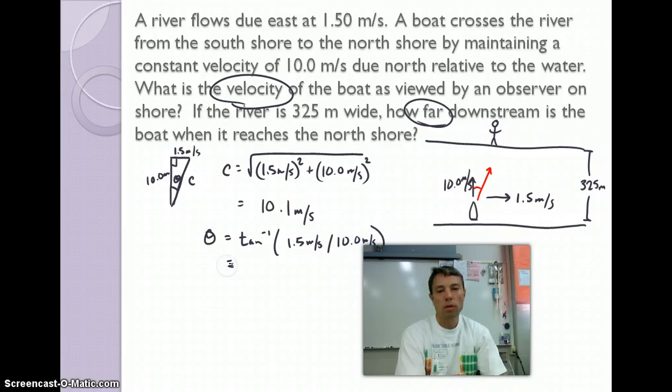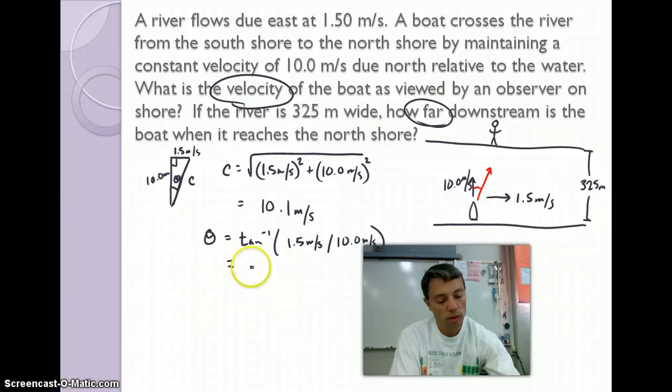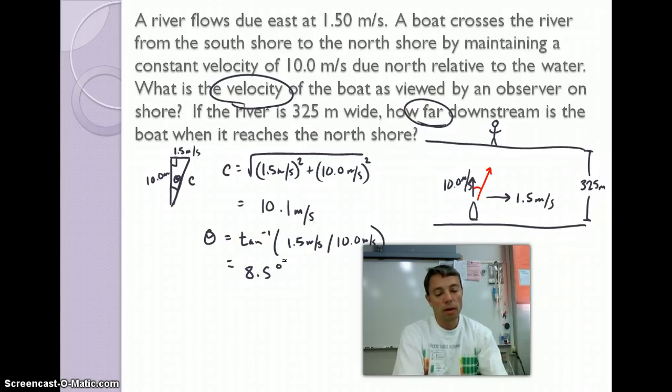And then when I punch the numbers in and get my answer, I find out that I have an angle of 8.5 degrees, and I'm going to say this is going down the stream, or with the flow, or with the current.